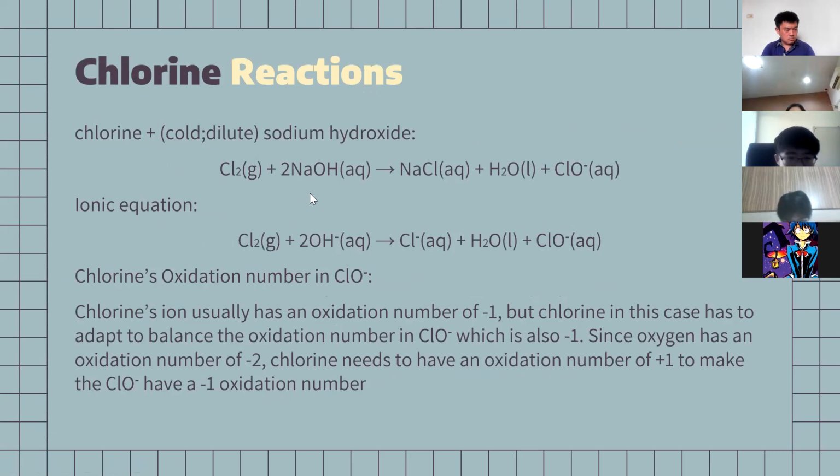So this is chlorine reactions. Right now we're looking at chlorine in dilute and cold sodium hydroxide. This is when chlorine reacts with sodium hydroxide. If we look at the oxidation numbers, chlorine needs an oxidation number of +1 to balance the equation because we have ClO.